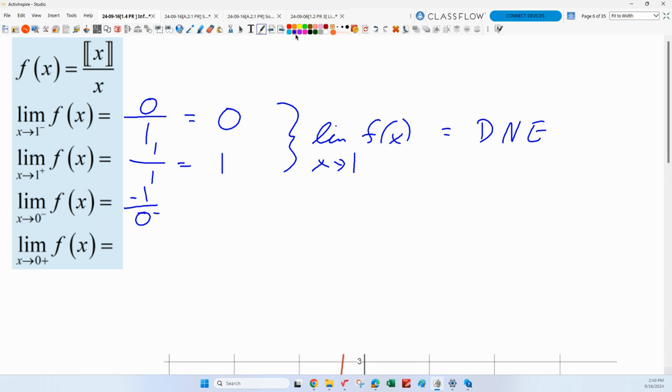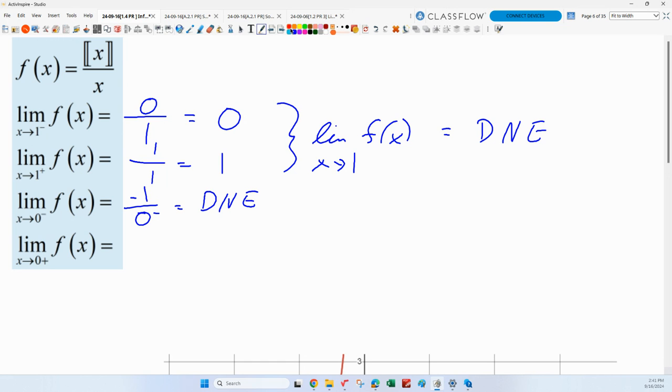Okay. So it is undefined, right? It doesn't exist, but I could be a little more specific than that. How? The number on the top is negative 1. Exactly. The number on the bottom is not exactly 0, right? What do you think? For now, let's just say DNE. We'll come back to it.